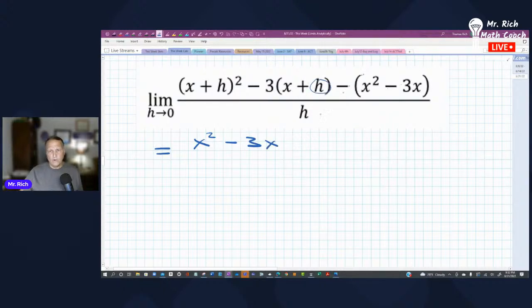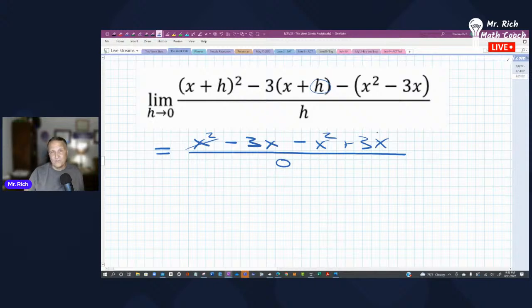And then over here, distributing that minus, I get a minus 3x squared, minus x squared, and then a plus 3x, all over 0. Okay, so do you see that these all cancel out? I have 0 over 0 through direct substitution here.